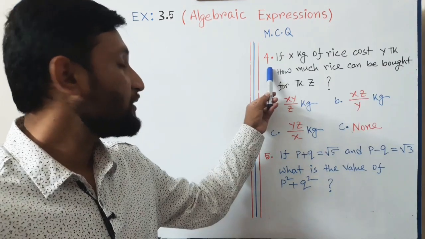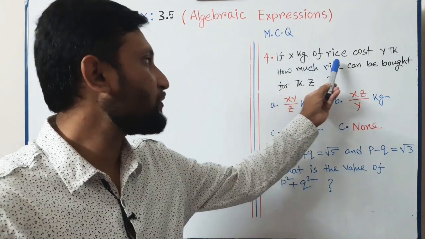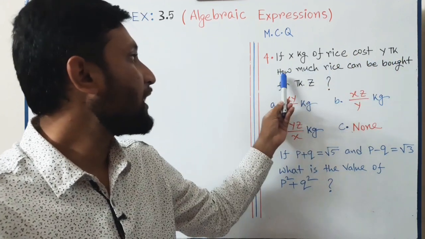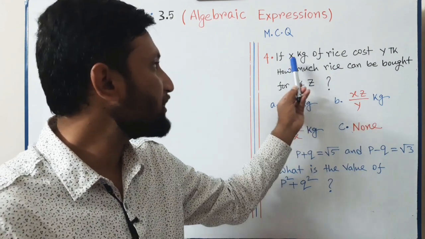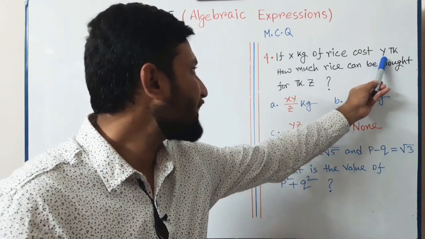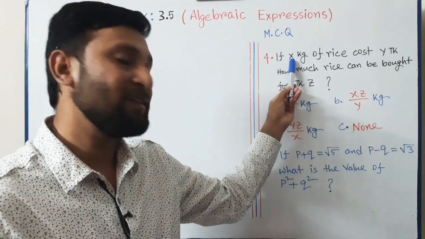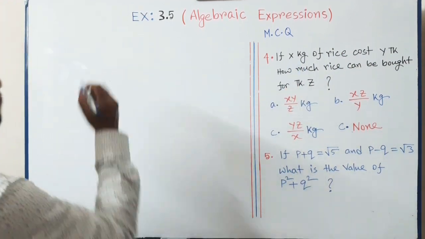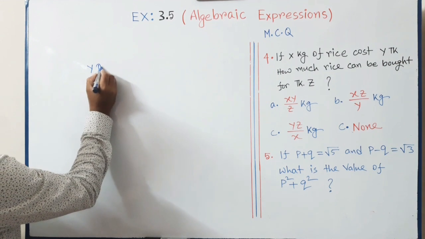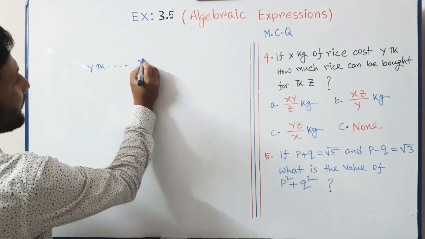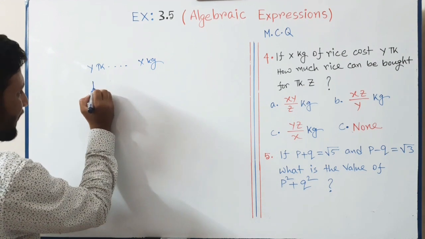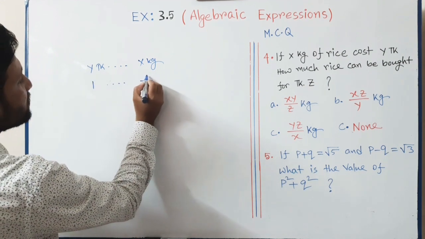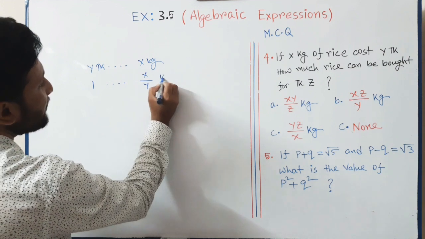Next question. If x kg of rice costs y taka, then how much rice can be bought for z taka? According to the question, in y taka we can buy x kg rice, and in 1 taka we can buy x by y kg rice.